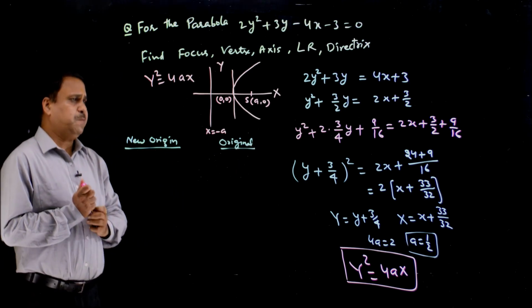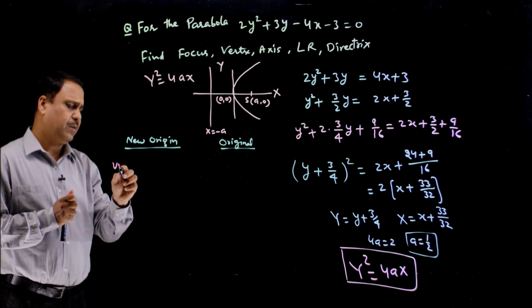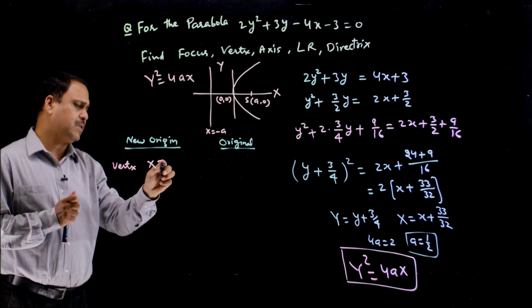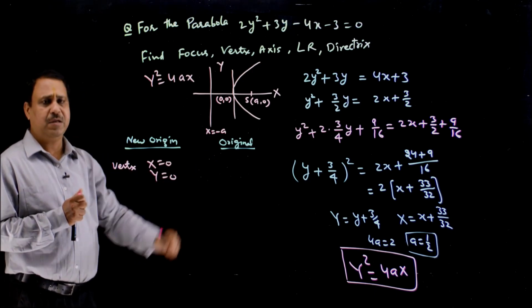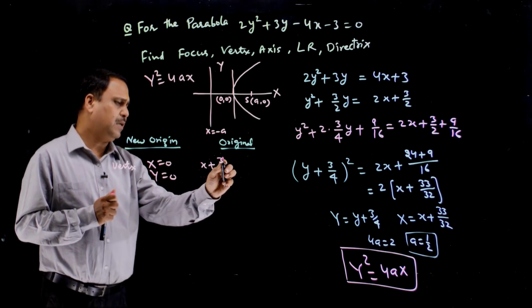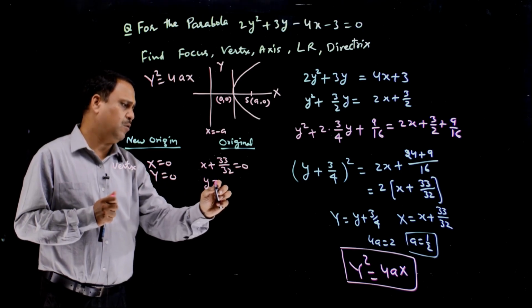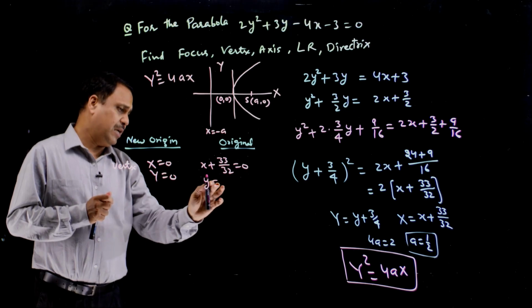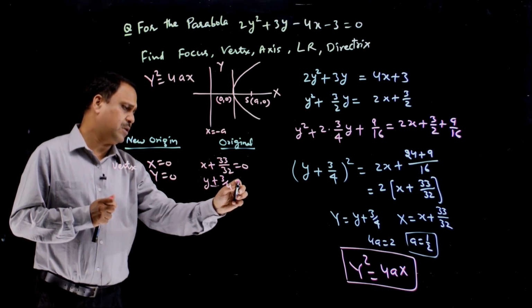Let us see, with respect to the new origin, what is the vertex? In this case X = 0, Y = 0. But what are X and Y that I have assumed? X means x + 33/32 = 0 and Y = y + 3/4 = 0.